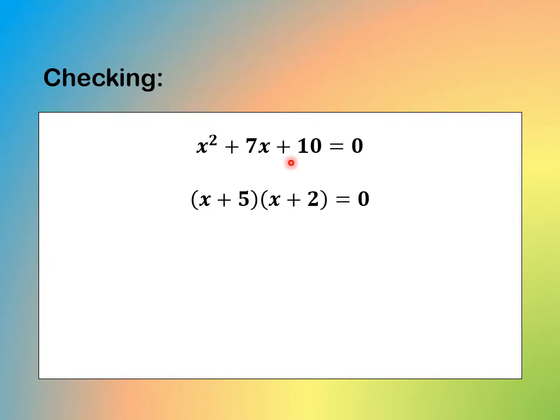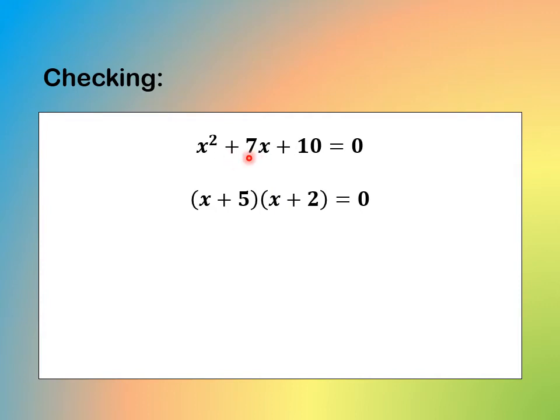So, tatandaan, if the sign of the last term is positive, then the sign of the binomials, na factors niya, ay parehas na positive or parehas na negative. Malalaman lang natin kung parehas na positive yan or parehas na negative yan based doon sa sign ng linear term.